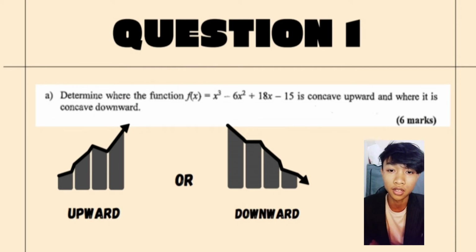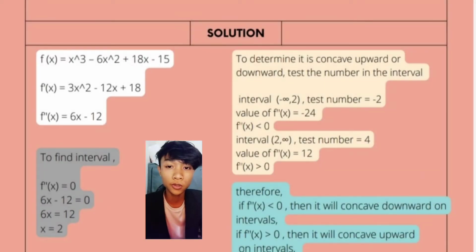Question 1, A. Determine whether the function f(x) equals x to the power of 3 minus 6x squared plus 18x minus 15 is concave upward and where it is concave downward. So the first step is we need to find the first derivative of f(x).